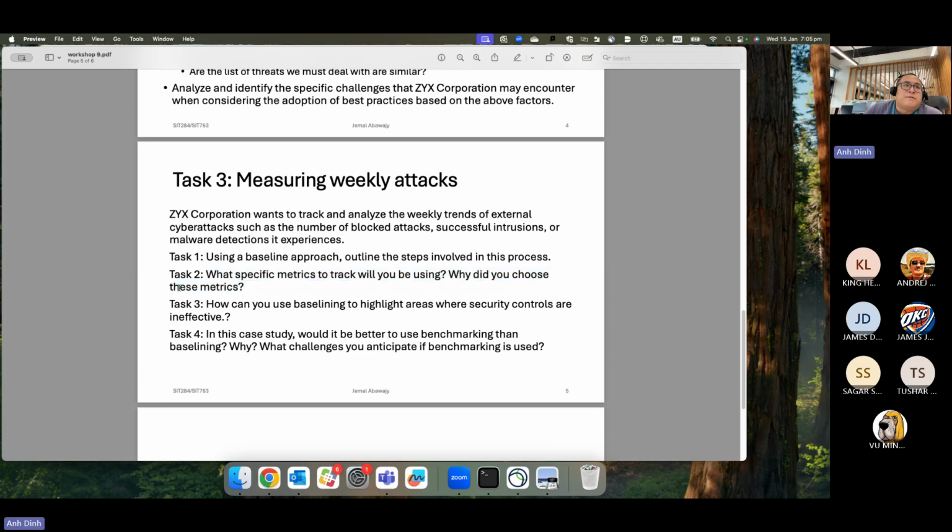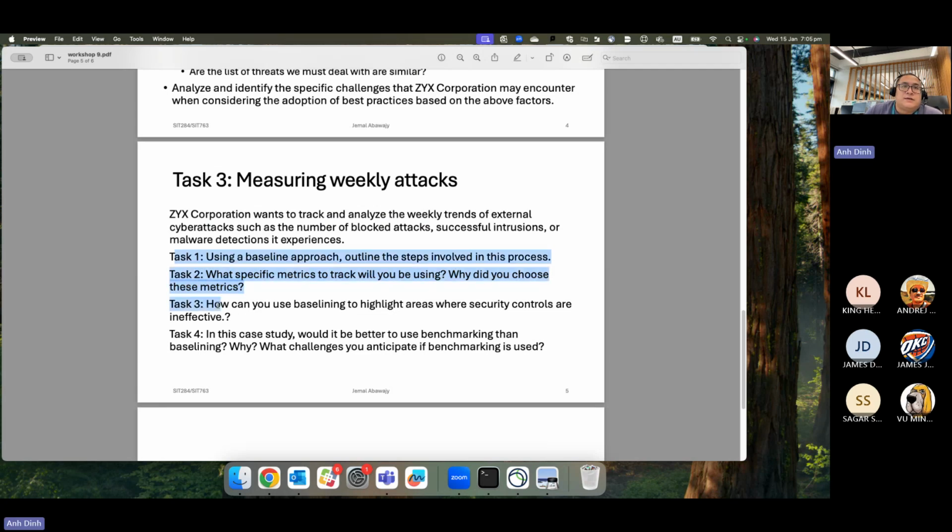And the third question of this task is discussing how you can use baselines to identify the areas where security controls are not working. So how can you use baselining to highlight areas where security controls are ineffective? And the last question, I think this question should be asked first, is would you prefer baselining to benchmarking?